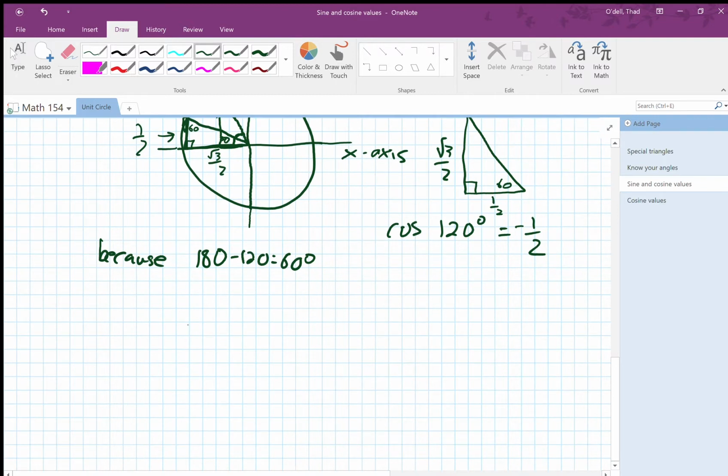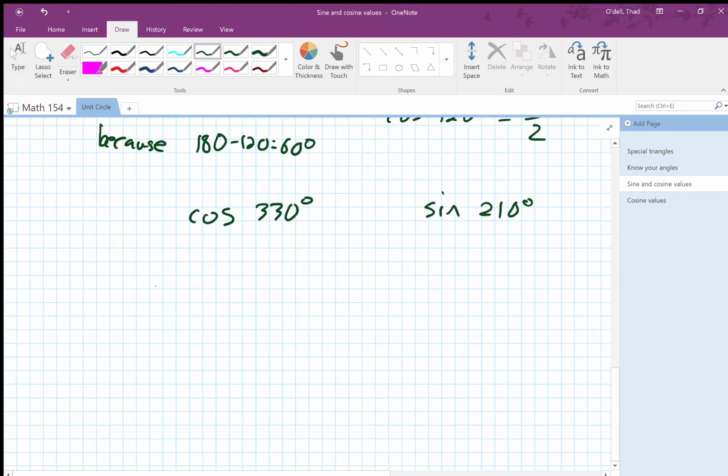So we could do a couple more of these. If I want to know the cosine of 330 degrees and say the sine of 210 degrees, again, the first step is to figure out where I'm at in the unit circle. So 330 is just 30 back from 360, so that would put it right there.